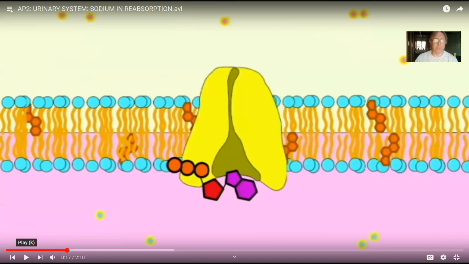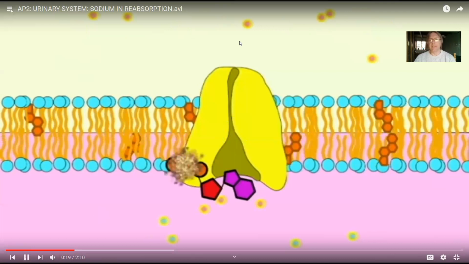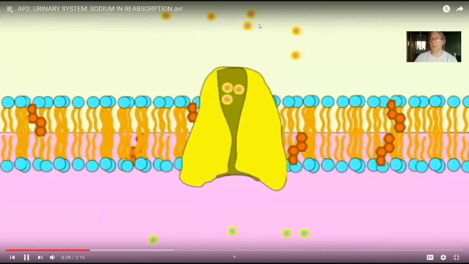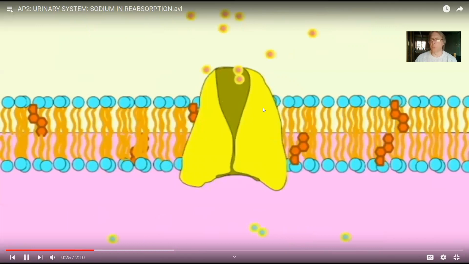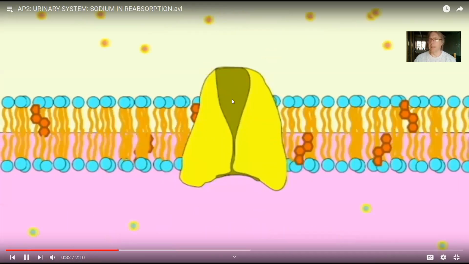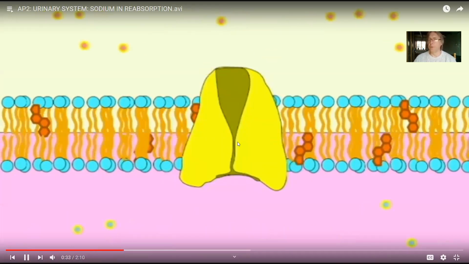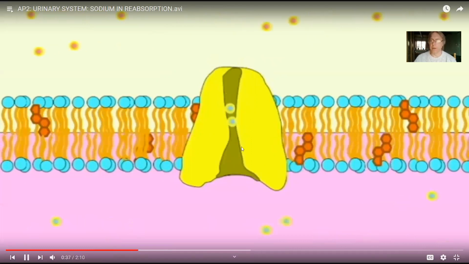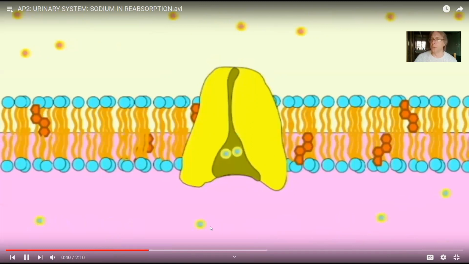Getting back to the sodium-potassium exchange pump, if this is the side of the cell where the blood vessels are, as we pump sodium in this direction, it is being reabsorbed. But in the DCT, when you have these pumps become more active, then the blue potassium is going this way, away from the blood capillary and towards the tubule lumen.